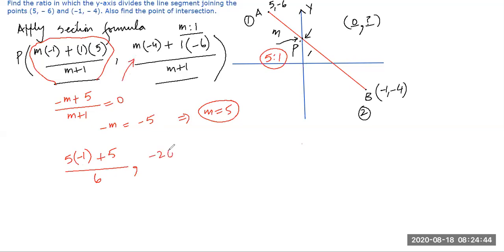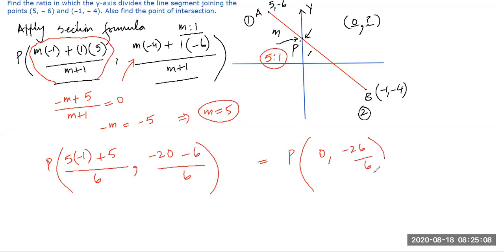So the y coordinate is (minus 20 minus 6) divided by 6. So the coordinates of point P would be: minus 5 plus 5 is 0, and this is minus 26 divided by 6. You can convert this into a fraction.